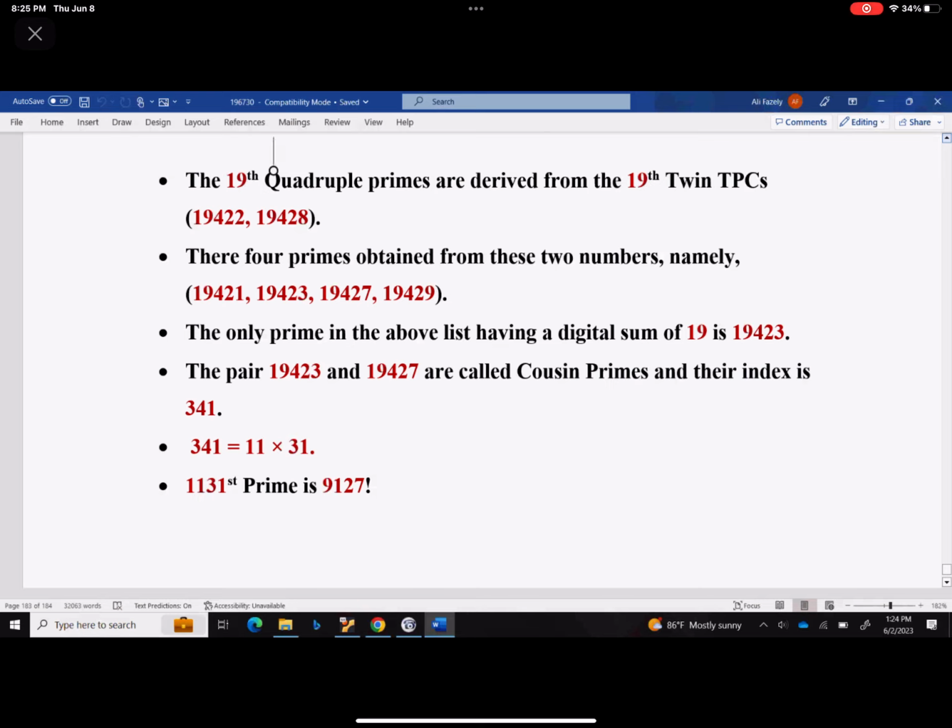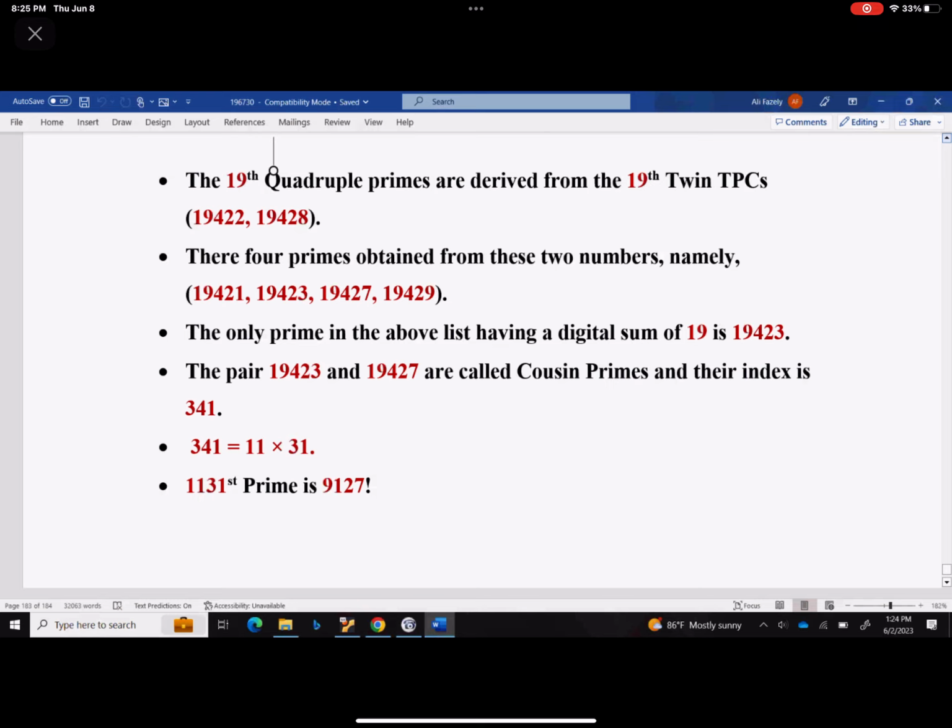That means they differ by 4, not by 2. Twin primes are like 5 and 7, 11 and 13. Cousin primes differ by 4, like 13 and 17, 19 and 23.